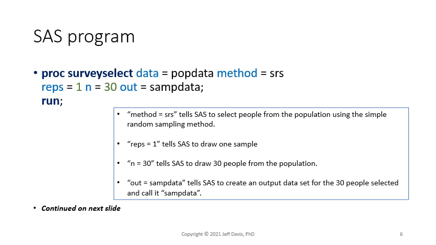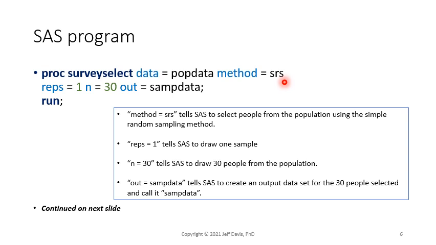So we're telling SAS when it starts this procedure, go into the population data set, and then draw a sample using the method of simple random sampling.